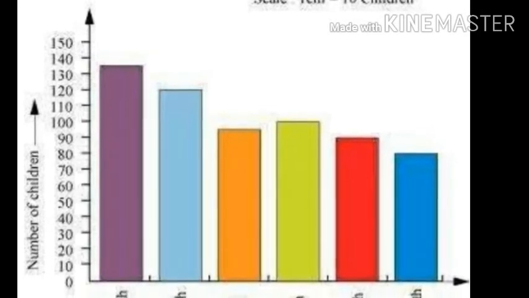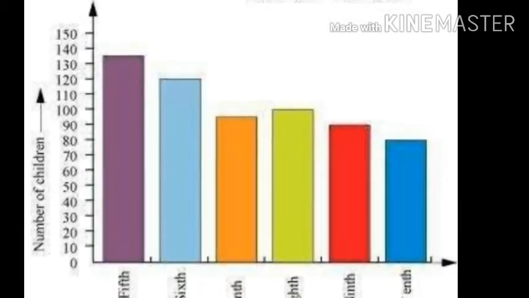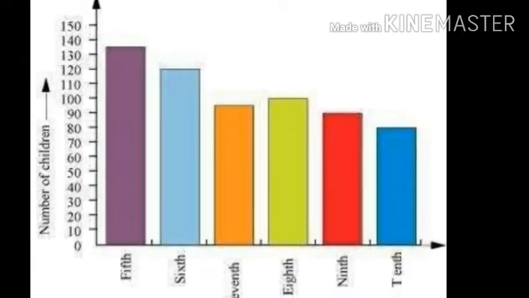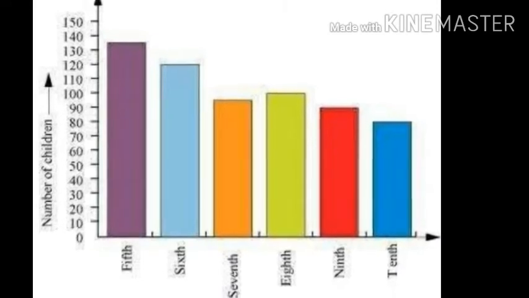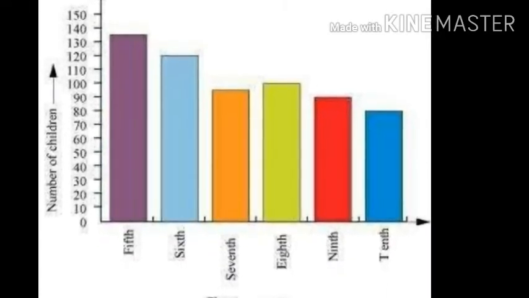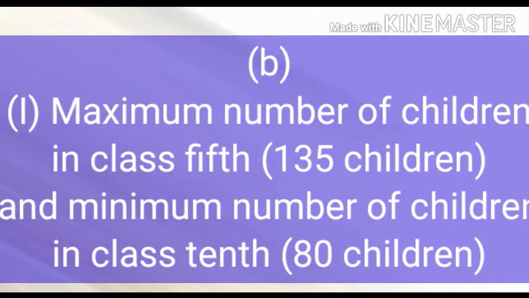Now we draw the bars and write the number of children represented by it. Since the bar representing the number of children for class 5th is the tallest, there are maximum number of children in class 5th. Similarly, since the bar representing the number of children for class 10th is the smallest, there are minimum number of children in class 10th.